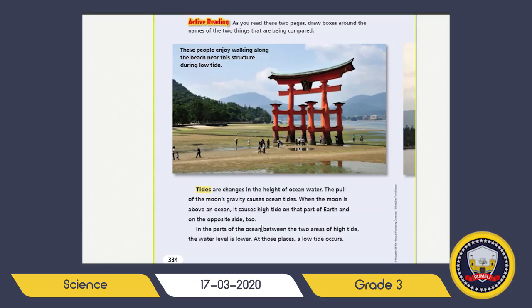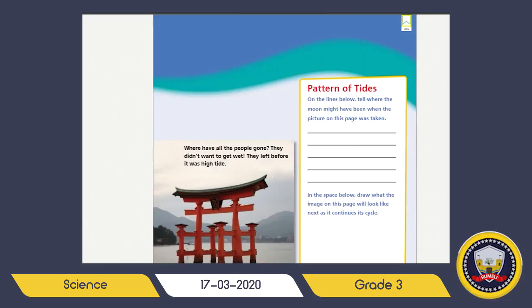In the parts of the ocean between the two areas of high tide, as mentioned in the video, top and bottom, the water level is lower at those places. So a low tide occurs. You got it? Look at this page.